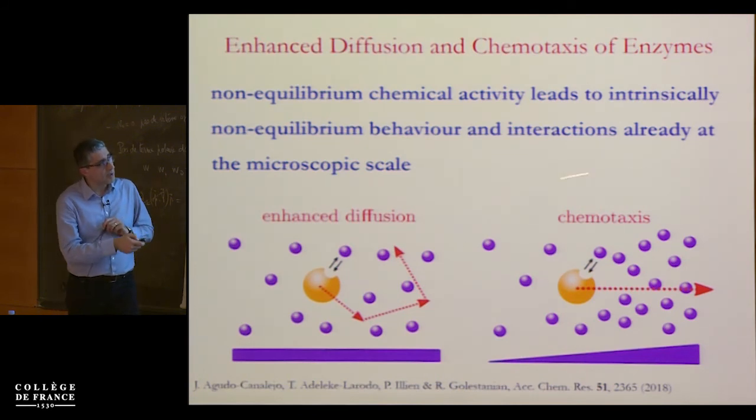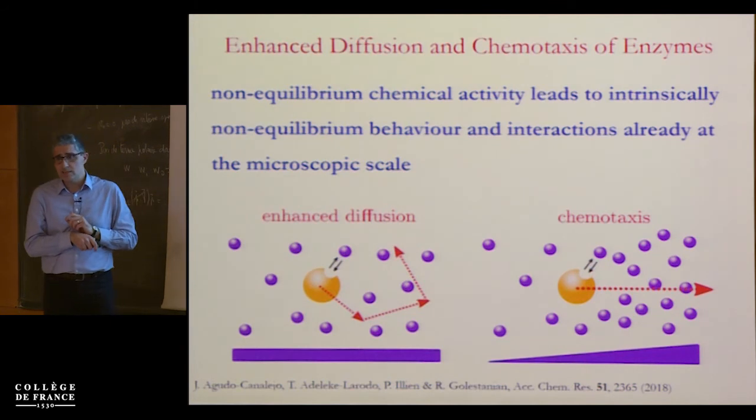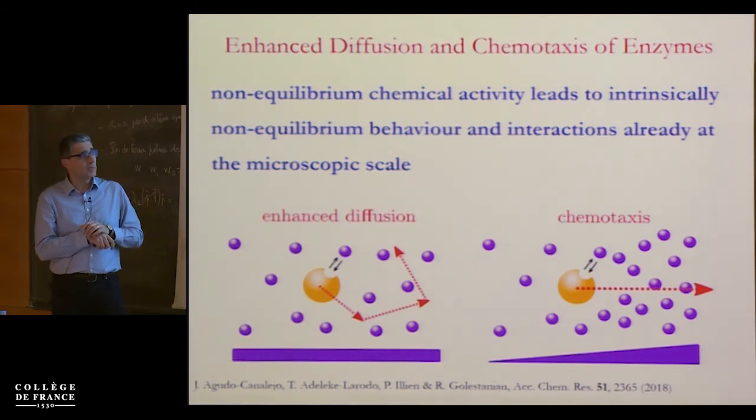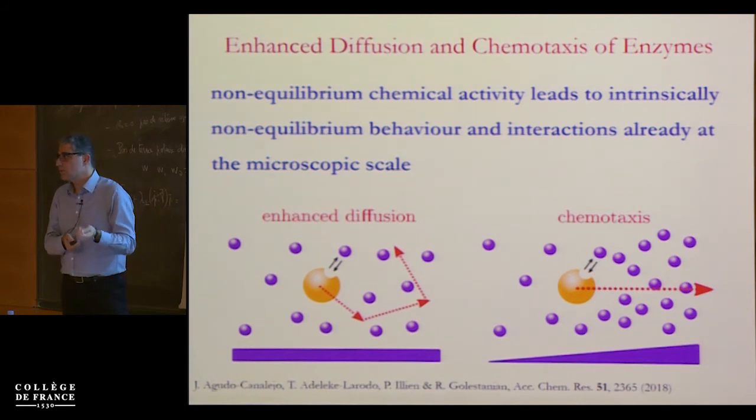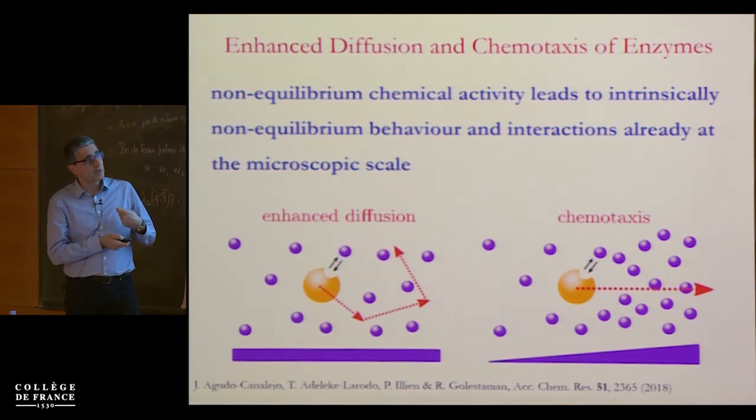Also, there are reports of chemotaxis, and this might sound confusing because for E. coli, when we talk about chemotaxis, we know that there are receptors that measure the concentration of the chemicals, and then they feed back that concentration as a function of time to the action of the motility machinery, to the molecular motor, and there is none of that here.